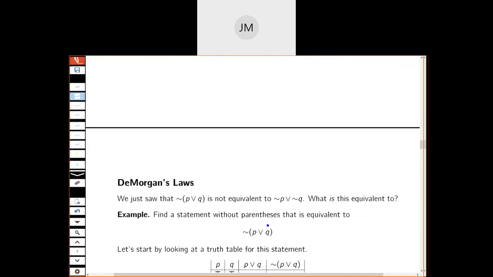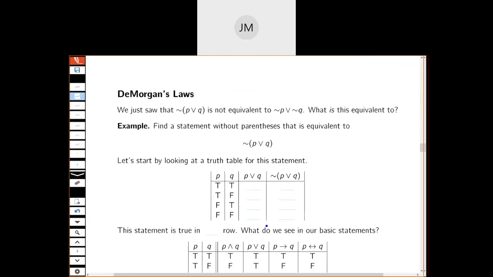All right, now we're going to build up and talk about something called De Morgan's laws. De Morgan's laws are not very complicated. What we want to do is look at how to negate an and statement and how to negate an or statement. That's really all they are.